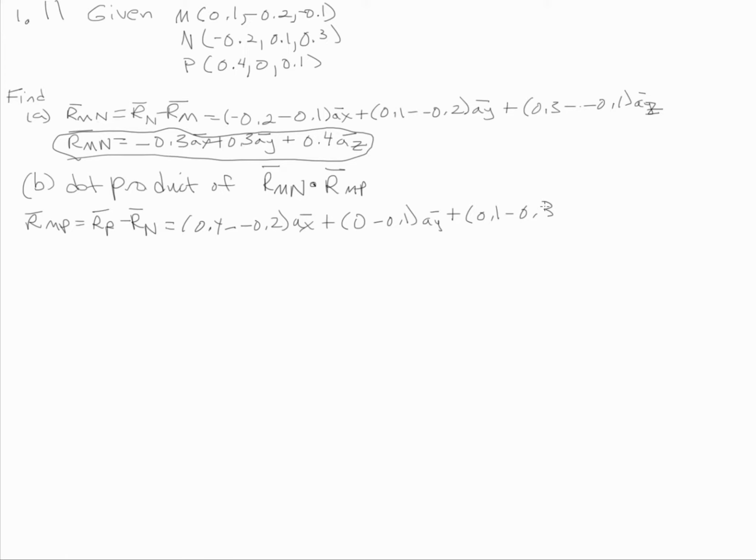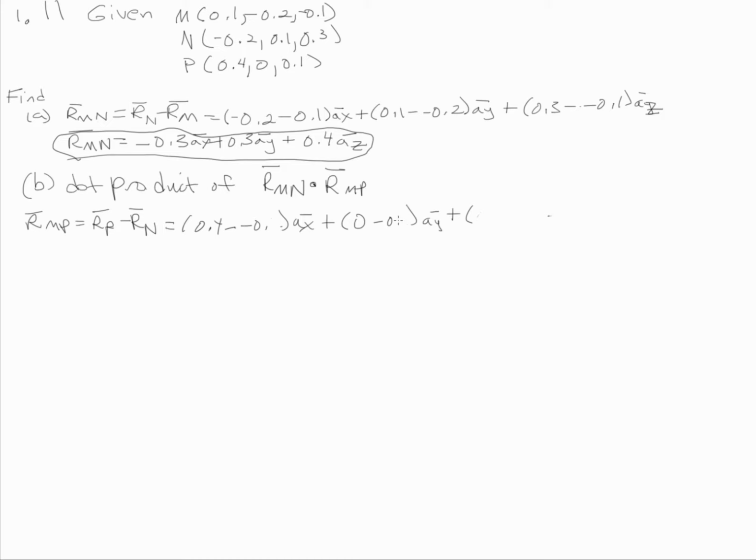R_N. Seems right. R_M. So R_P minus R_M. Oops, I put in the wrong one. That's why I'm looking at too many different things. So this is wrong. I was putting an R_N.